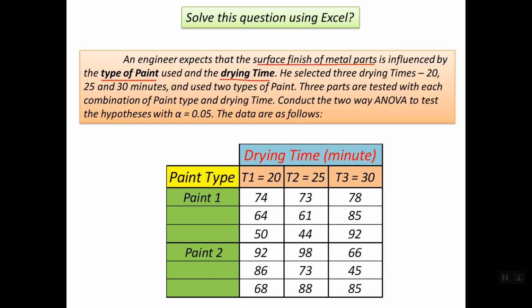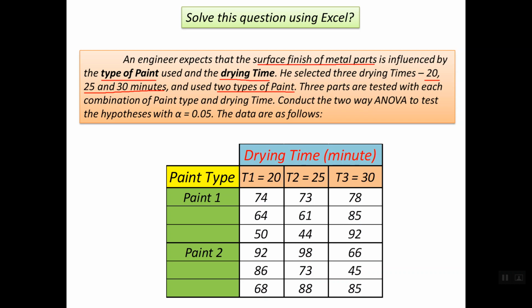He selected 3 drying times: 20, 25, and 30 minutes. So these are the levels for the drying time factor, and used 2 types of paint. And we have here 2 levels for the type of paint factor.